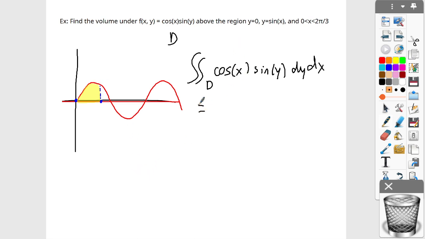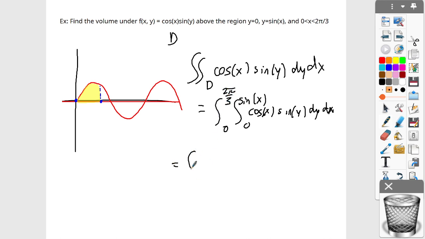So this is equal to the iterated integral of cosine x sine y dy dx, but it's 0 to sine x, and 0 to 2 pi over 3, because that's what it gave us.